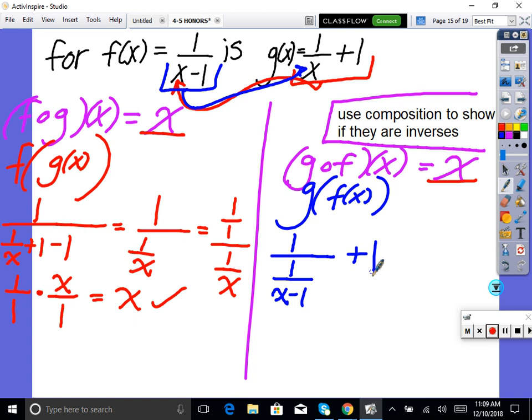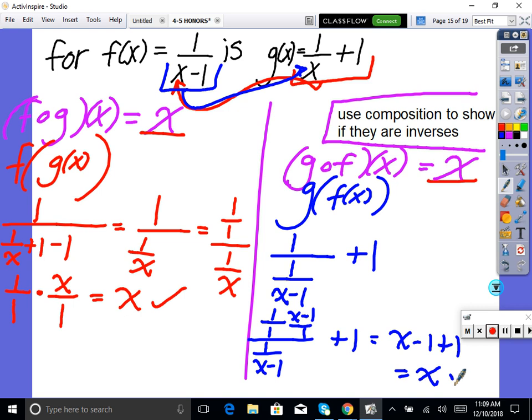What would we do first? 1 over 1 divided by 1 over x minus 1. Dividing fractions is easy as pi. Flip the second and multiply. So wouldn't we have x minus 1 over 1? We multiply straight across. So then that gives me x minus 1 plus 1, which is x. So they both simplified to be x. We've shown that. So the answer is yes, they are inverses of each other. The work is your answer.